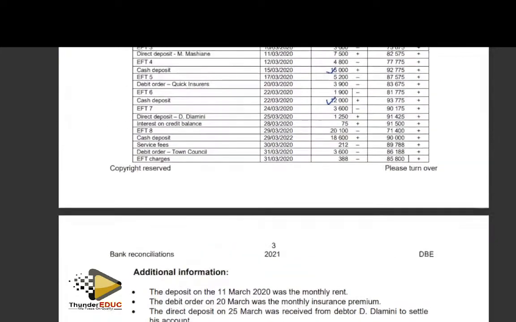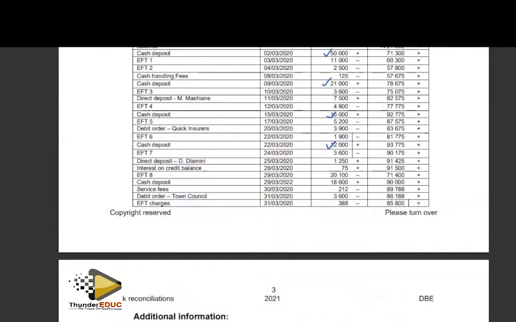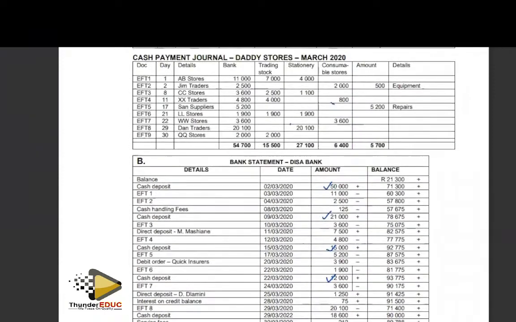Then we have another plus. This one, 1,250. Okay, there is another one here, which we never saw in the cash receipts journal, the 70,500.